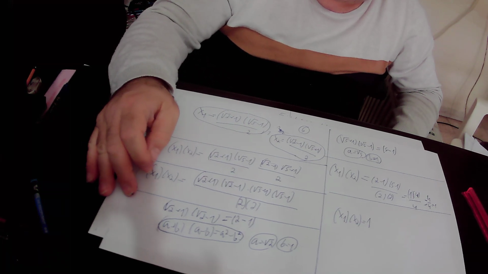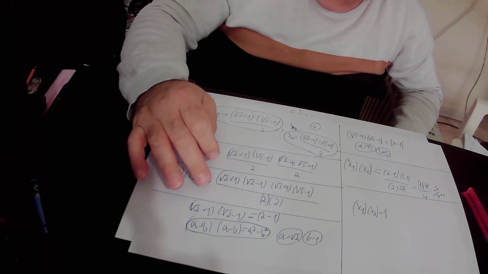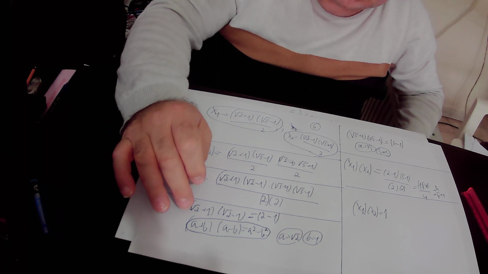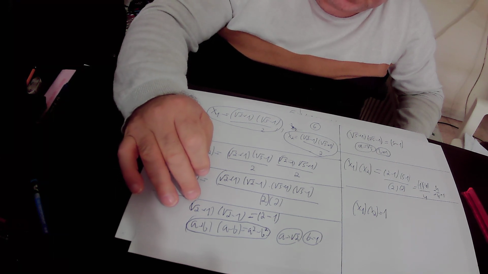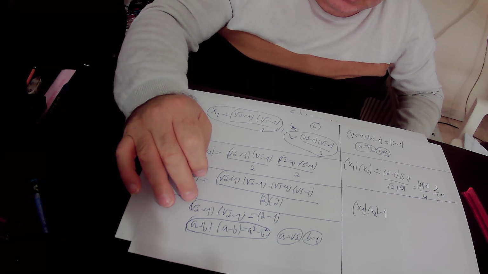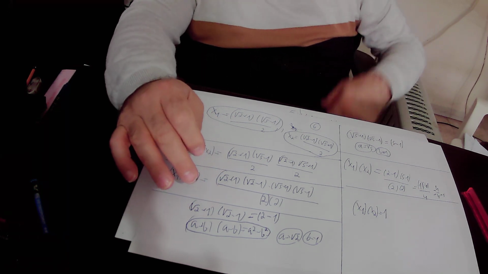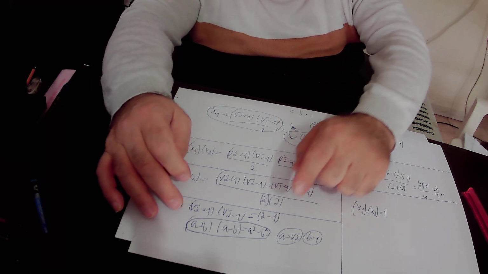So here we calculated the value of the expression square root of 2 plus 1 times square root of 2 minus 1 according to the algebraic identity that states that a plus b times a minus b equals a squared minus b squared. Square root of 2 plus 1 times square root of 2 minus 1 is very similar to the expression of a plus b times a minus b, and according to this algebraic identity it equals a squared minus b squared.